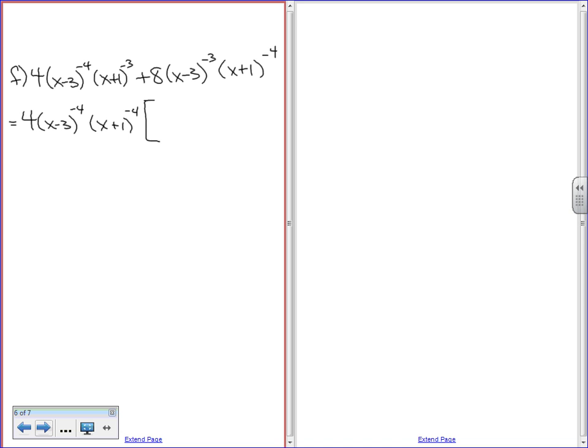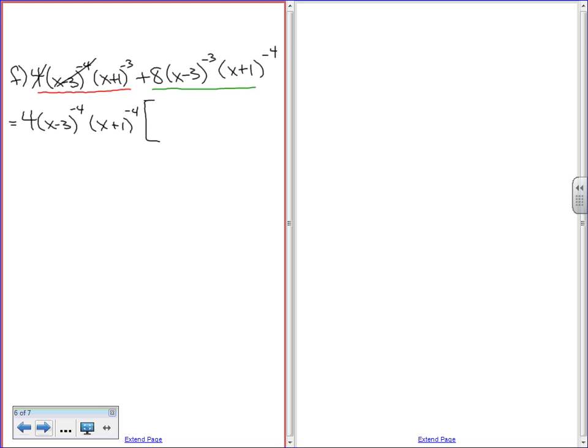So again, the same concept, but now you're dealing with negative exponents, and the whole concept is the same. If I color code it again, my red term, my green term. Out of the red term, I've taken out the 4, so the 4 is gone. I've taken out x minus 3 to the -4, so that whole thing is gone.